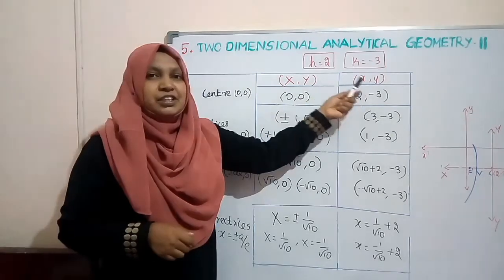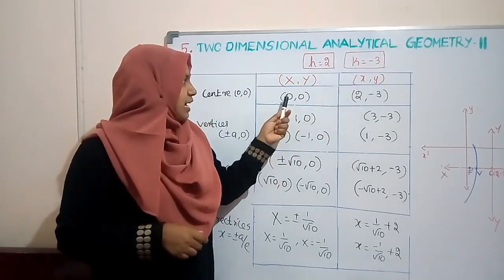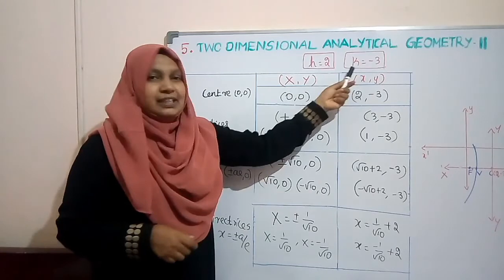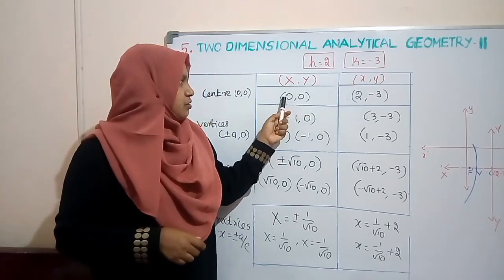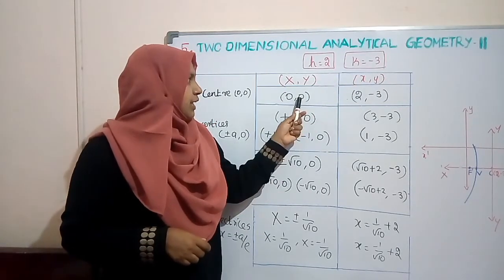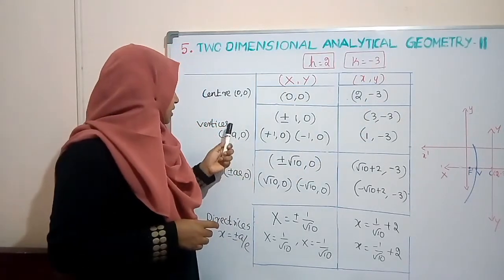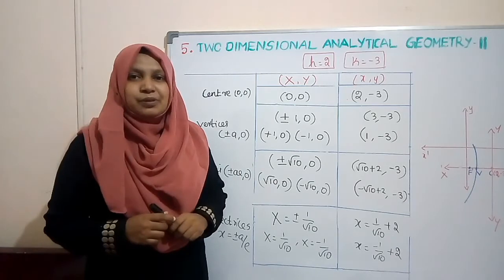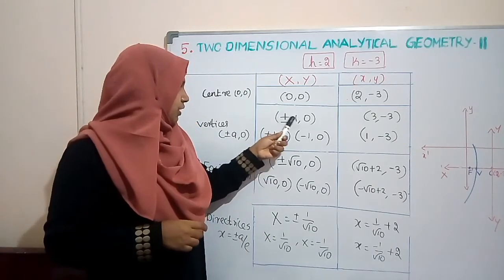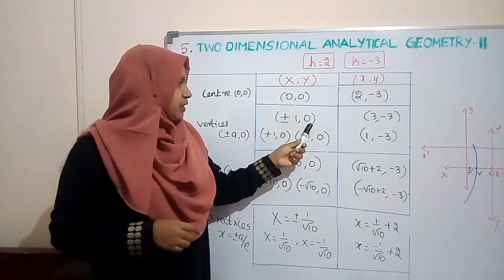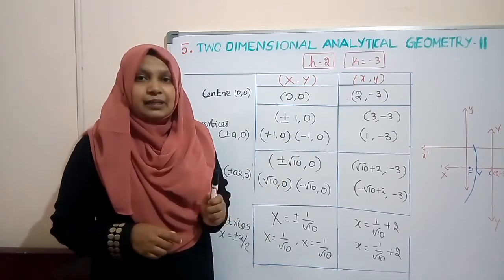So how will you convert it into small x, y? Just add h with the x coordinate, k with the y coordinate. So 0 plus 2 is 2 and 0 minus 3 is minus 3. Okay. Now the vertices are plus or minus a comma 0. The a value is 1, so plus or minus 1 comma 0, I have written separately.